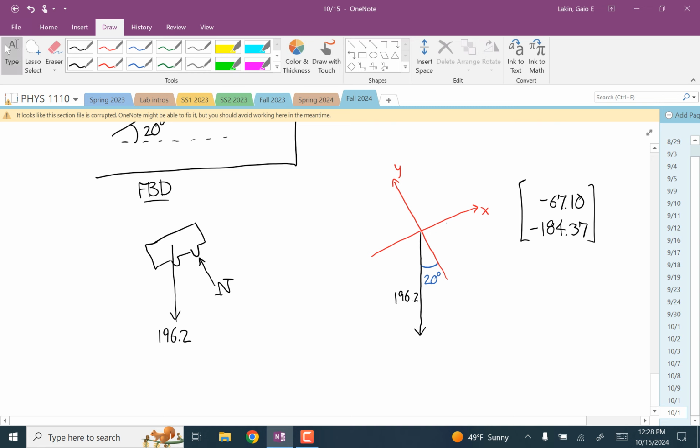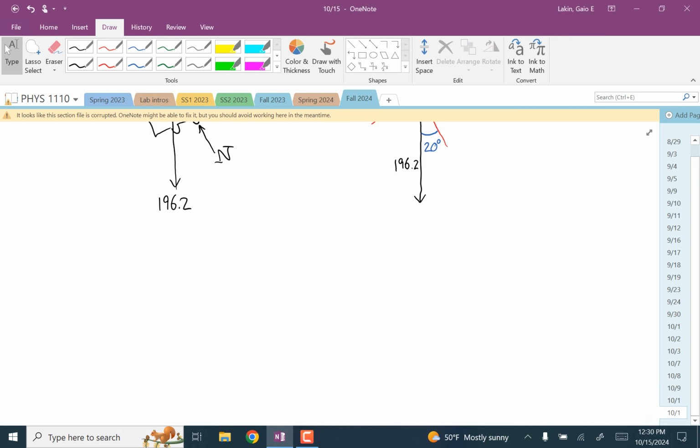Okay, so now that we have that weight force, write out Newton's second law and see if you can calculate that acceleration vector. Okay, so Newton's second law now.